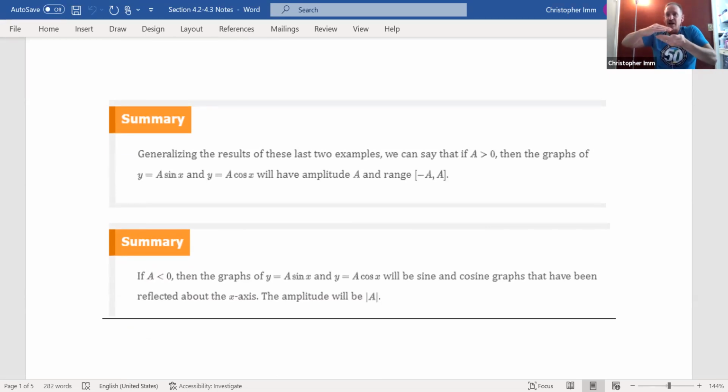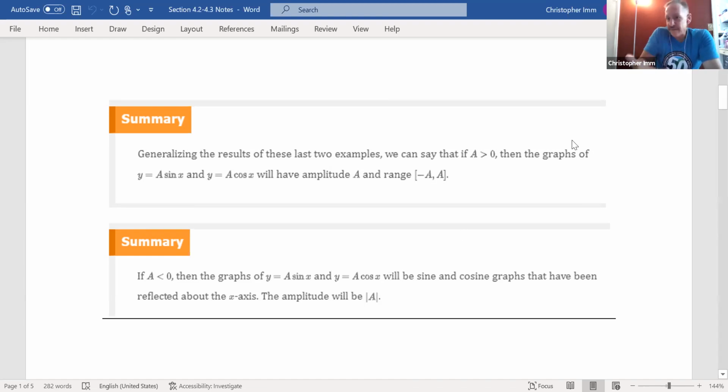Not only did the amplitude change, but the range did too. So when we multiply it by 2, it was -2 to 2. When we multiply it by 3, it was -3 to 3. When we multiply by 1/4, the only y values we could get out would be -1/4 to 1/4. Think about that unit circle and think about it getting smaller. So that's what's going to happen with a multiplier on the outside.